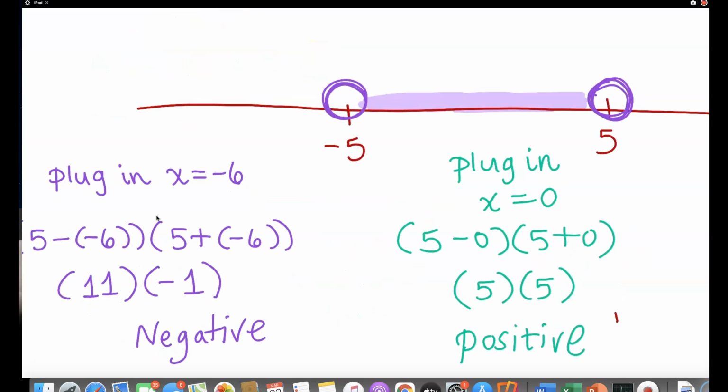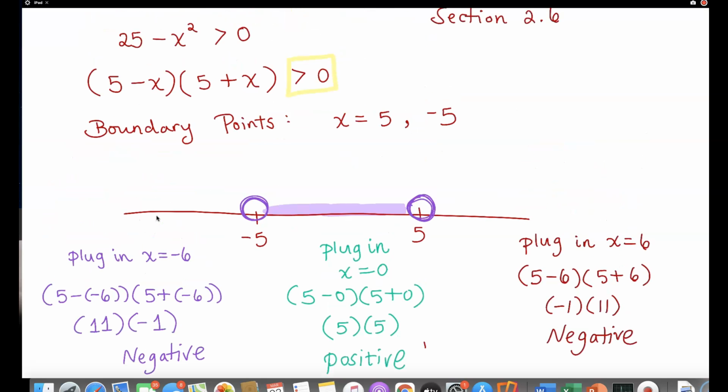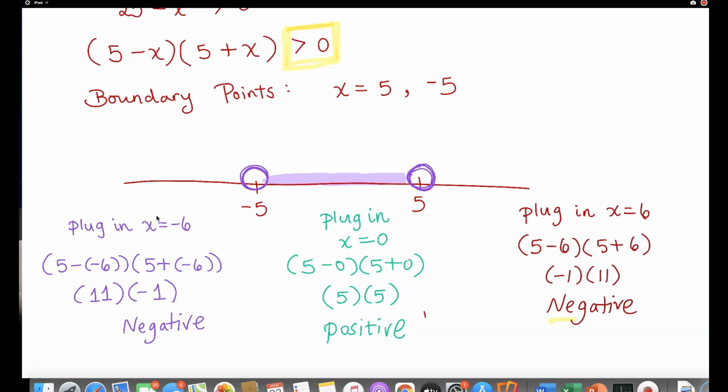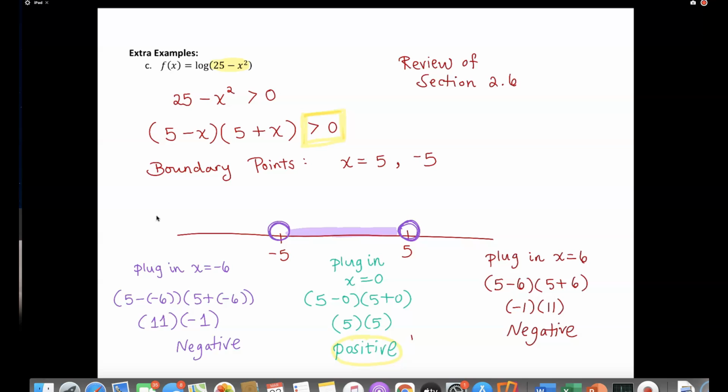Hey, stop. I wanted the interval to be greater than 0. Look at the yellow highlighted box for me. I wanted the interval to be greater than 0. So if it came out to be negative, that is not what I want. It's only the interval that's in the middle that will make this argument positive.